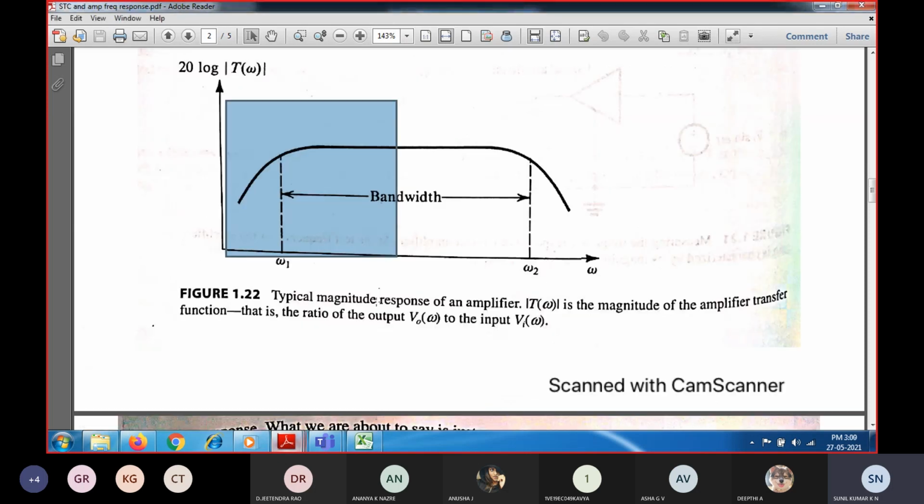So whenever the frequency of the signal is equal to omega 1, that is f1, you can see the gain is going to be equal to half power. When you increase the frequency still further, the gain increases and then it is going to become constant.